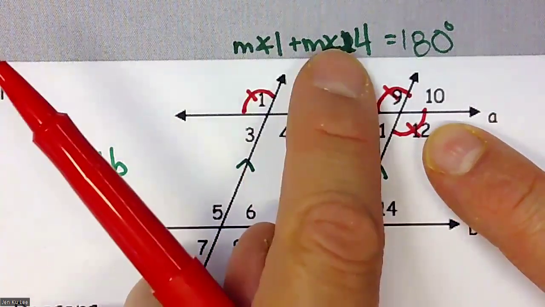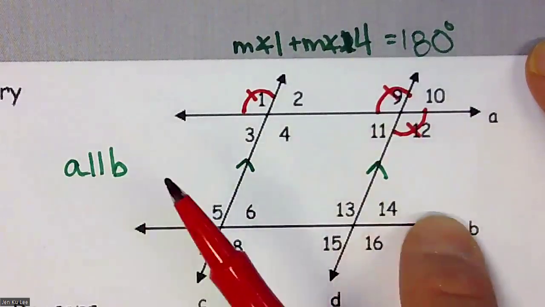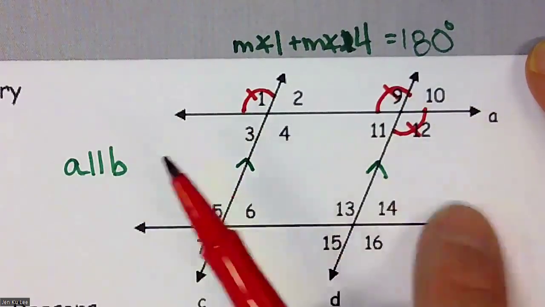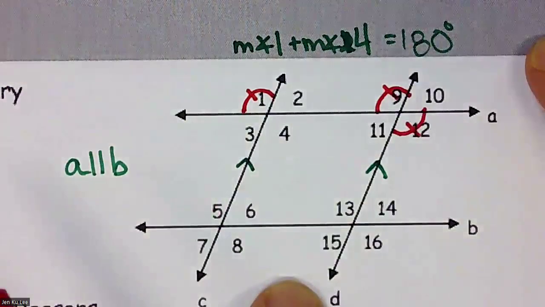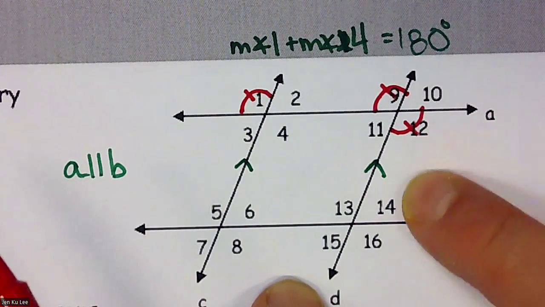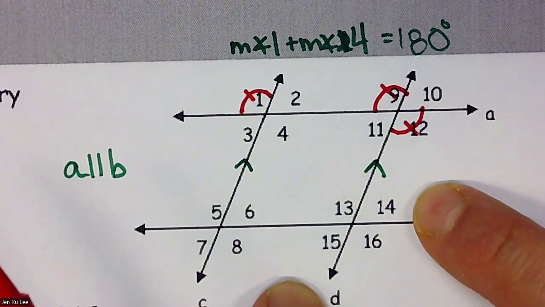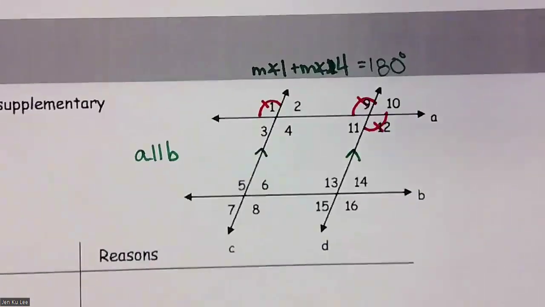Angle 12 plus angle 14 equals 180. If two lines, A and B, are cut by a transversal, D, and same side interior angles are supplementary, then the lines are parallel, right? So that's what we're going to do.